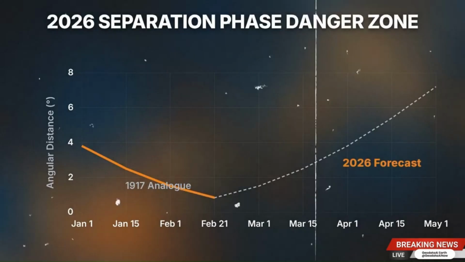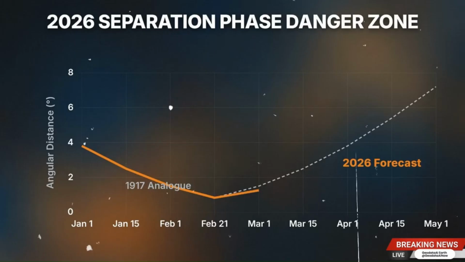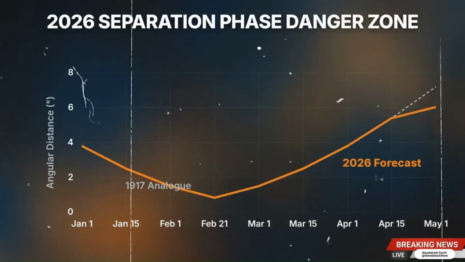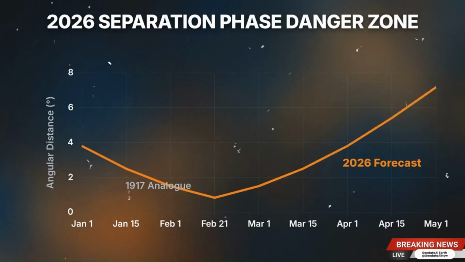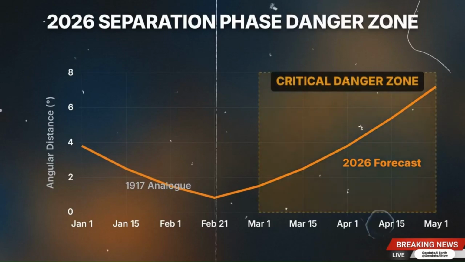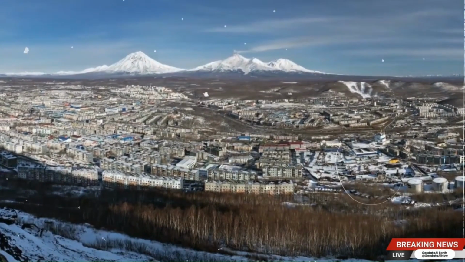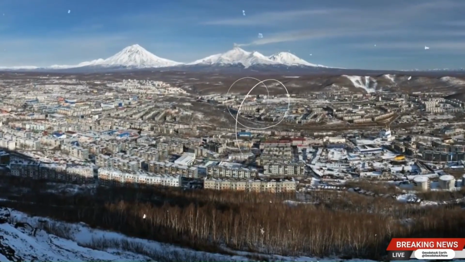Their V-trough shapes match perfectly, reaching a 0.831 degree minimum on February 21st. Tracking the 2026 separation phase, the critical danger zone accelerates steeply straight through March and April. The first major forecasted threat in this window sits in the Kamchatka Peninsula.